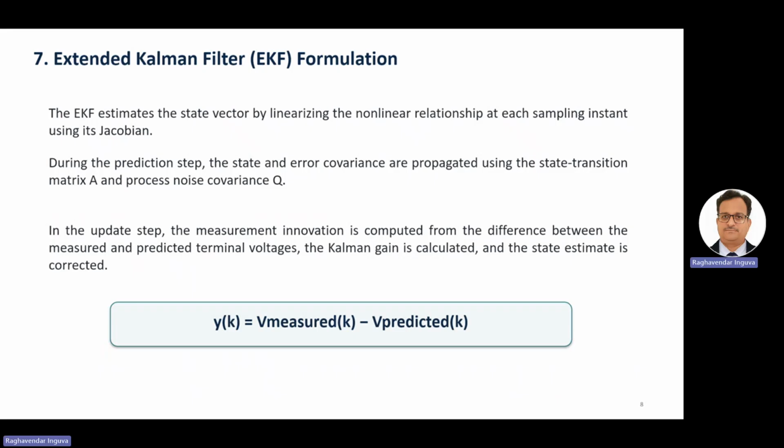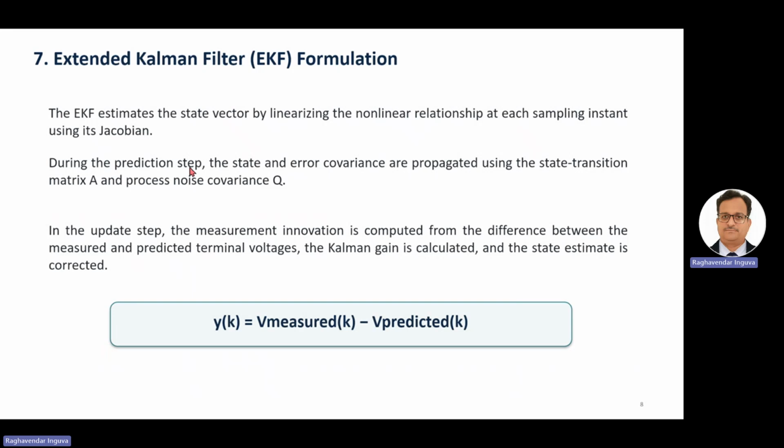Next, the extended Kalman filter formulation. As I told you, it's a very standard formulation, and I'm not going into much detail on it. We have taken it from previously implemented papers and used that model. EKF estimates the state vector by linearizing the nonlinear relationships at each sample using the Jacobian matrix.